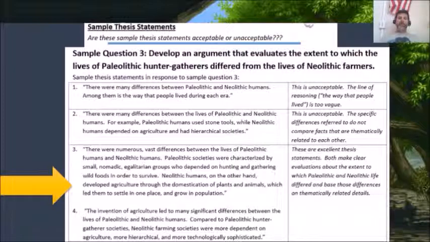Compared to Paleolithic hunter-gatherer societies, Neolithic farming societies were more dependent on agriculture, more hierarchical, and more technologically sophisticated. So, this is good because it clearly evaluates the differences, and it's focusing on particular themes and making direct comparisons between Paleolithic and Neolithic in each case. So, that's a good thesis.